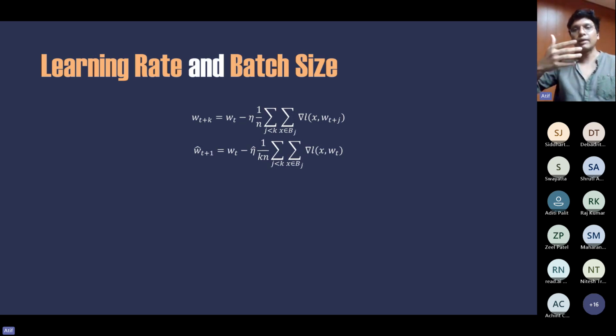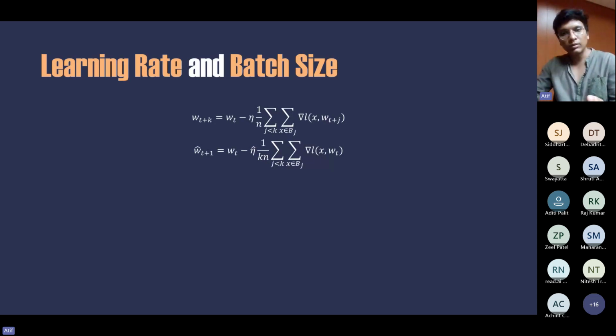Now let's say I take a batch size of k into n. So now my total number of samples that I'll be seeing is kn, right? So now instead of going from the tth iteration to the kth iteration, adding all my gradients, instead of that, I can just go from t to t plus 1, right? That's my next iteration, is just that entire batch. So w cap t plus 1 is just wt minus eta cap 1 by kn. This whole thing remains the same.